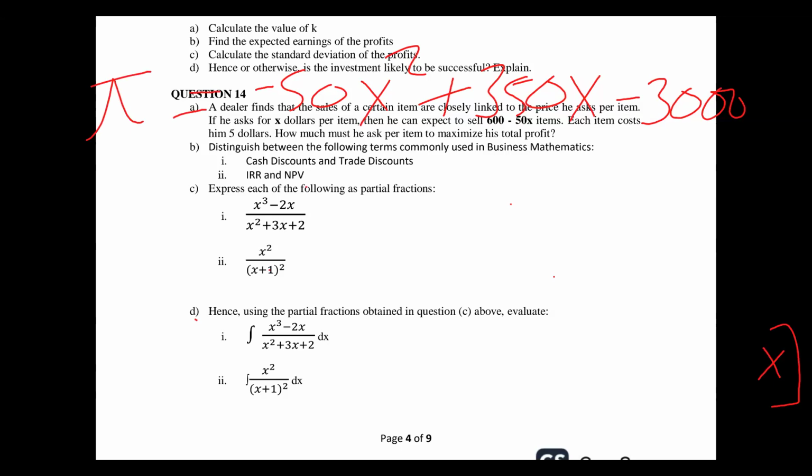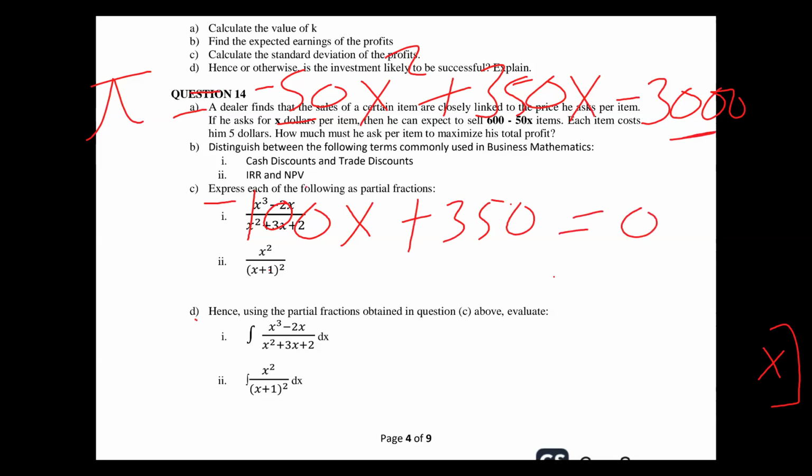Let's differentiate it. We drop the 2, the power, and multiply by the coefficient. You will have negative 100x plus 350. Are we all following? And then this will be 0 because it's a constant. Set the derivative equal to 0.